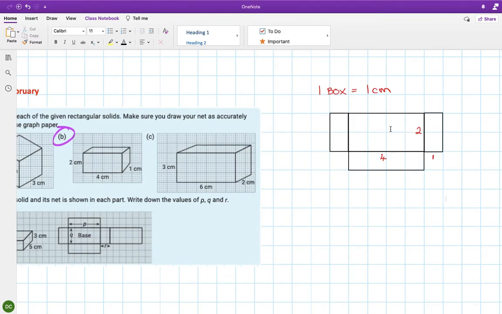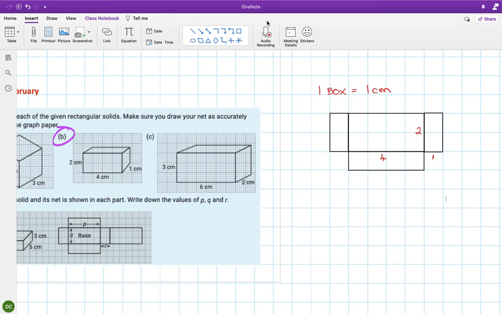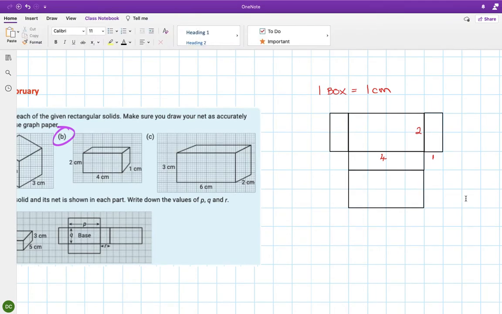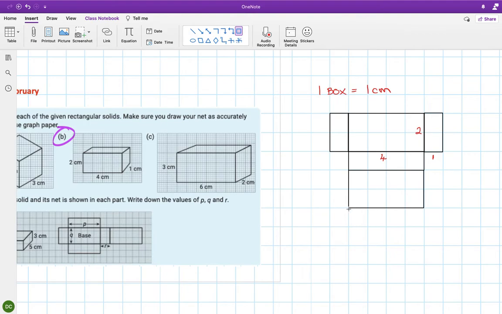The next one then is going to be the one that's facing the front, which is obviously going to match it. So that's a 4 and a 2. So there's your 4 and 2. And then if this one here is the bottom, then the top's going to match that. So that's a 4 and a 1.